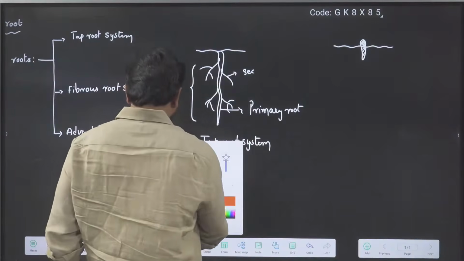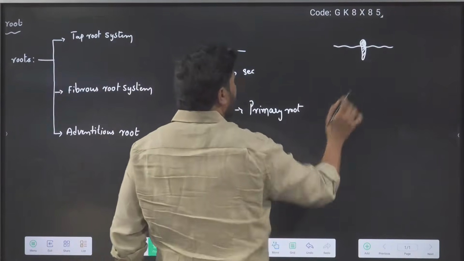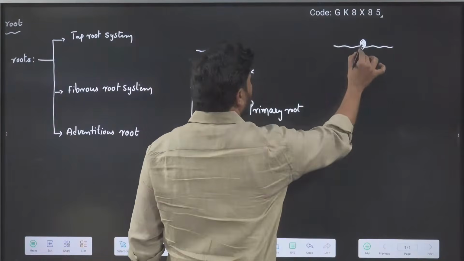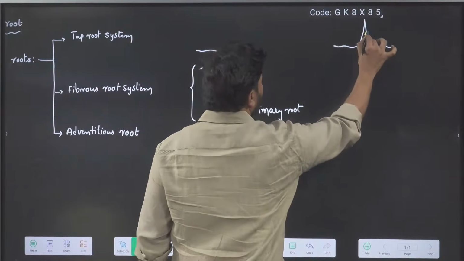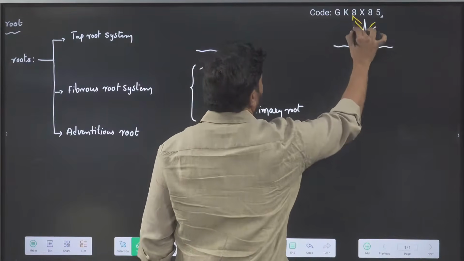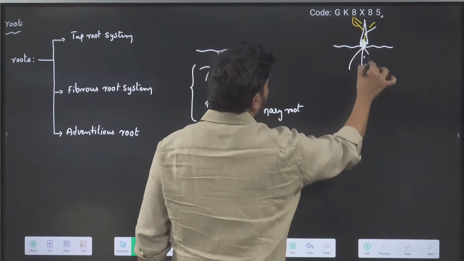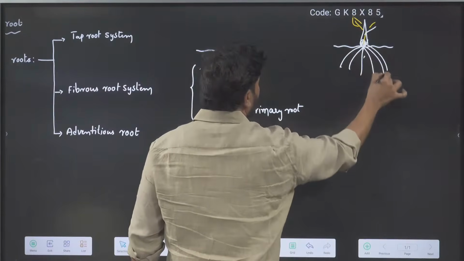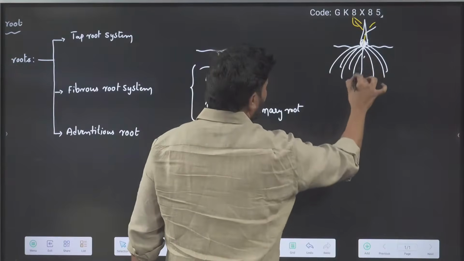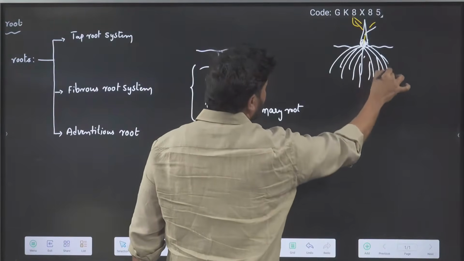Meanwhile, the plumule gets elongated on the top. Then from the base of the stem, imagine this is the stem, numerous roots start to expand.